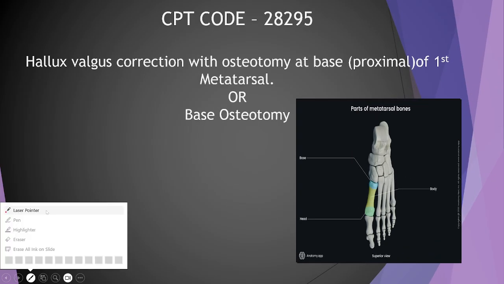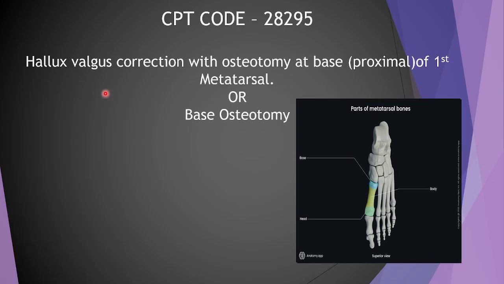Okay. So 28295 is a hallux valgus correction with osteotomy at the proximal base of the first metatarsal, the base osteotomy. Here is a base osteotomy, a cut in the base of the metatarsal.